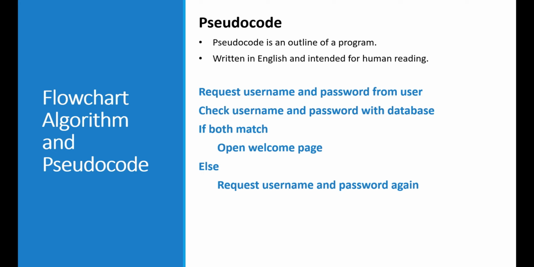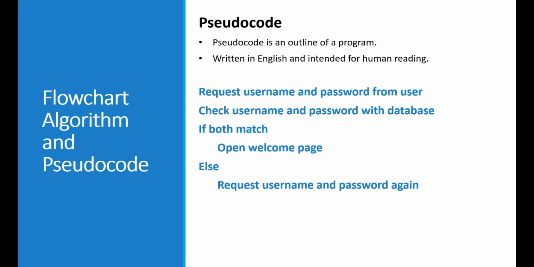Pseudocode, of course, cannot be executed to run, but it's intended for human reading. Before writing code, developers often use algorithms and pseudocode to plan their logic. These tools help to break down complex tasks into smaller and manageable steps. It also helps to visualize, like I said, the flow of the application, and it will reduce errors during coding.